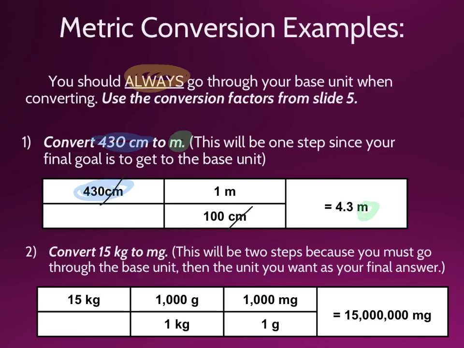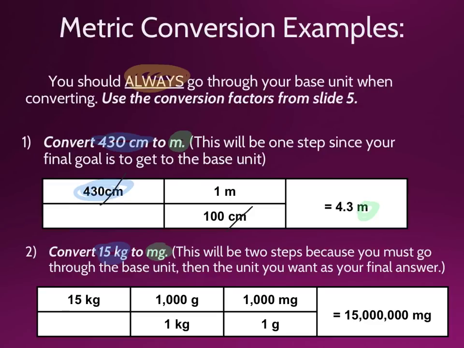For problem number 2, it's not going to be a single step problem, because problem number 2 is starting with 15 kilograms, but we're not going to the base unit as our answer. Our base unit would be grams, but we actually want to go to milligrams. So this is going to be at least a 2-step conversion.